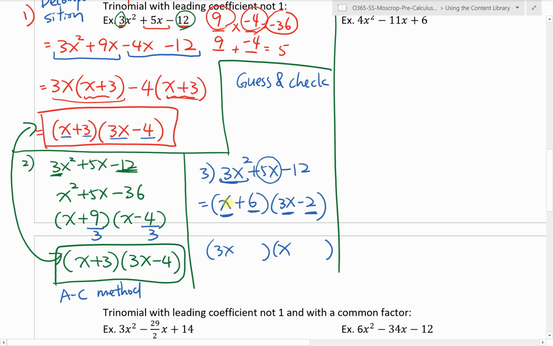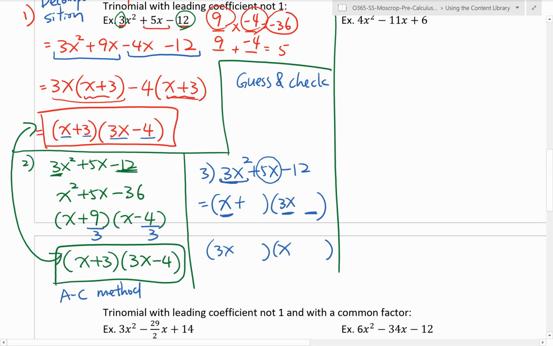And we have x times negative 2, that's negative 2x. 6 times 3x, that's 18x. Now 18 minus 2 is 16, not quite 5. It does work that 6 times negative 2 is negative 12, but the middle term does not work. So we know that 6 and negative 2, this combination does not work. So you have to try something else.